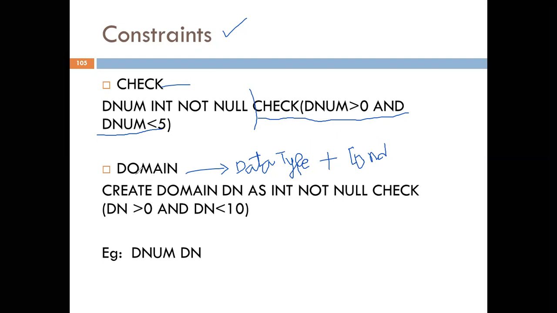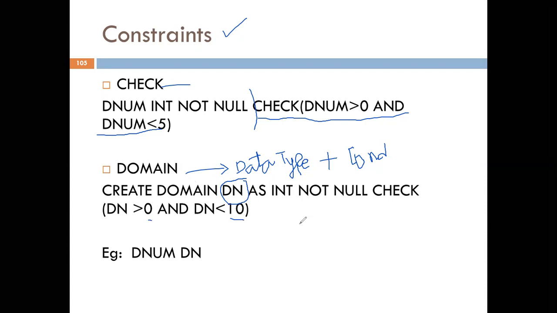If we want to create a new domain, then we can use this command, create domain. Name of the domain, dn, as integer not null, check dn greater than 0 and less than 10. Whatever values we want in our application, we can supply.